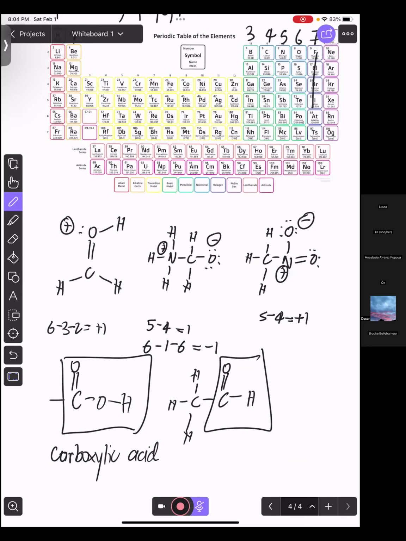Once we learn the functional groups, then on Tuesday we're going to do acids and bases. We're going to do reactions, and I'm going to teach you how to draw arrows because that is very important. We have to show how electrons move. And once you understand that, you're going to be very well on your way to becoming an organic chemist.